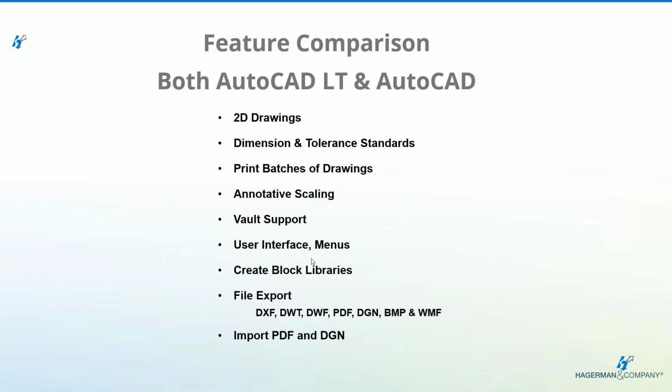So you can export to any of those file formats in both LT and AutoCAD. You can import in both LT and AutoCAD PDF and DGN, the Microstation files. So for import you're limited to those two, but for export, you can do any of those file formats.